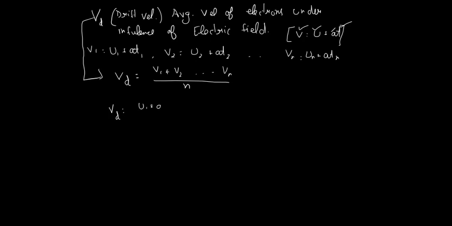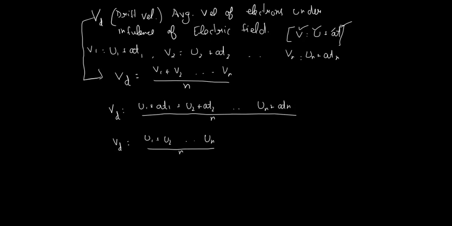So here we will put the values of v1, v2, v3, vn, and so on. So Vd = (u1 + at1 + u2 + at2 + ... + un + atn)/n. Here are the simple steps: Vd = (u1 + u2 + ... + un)/n + a(t1 + t2 + ... + tn)/n.